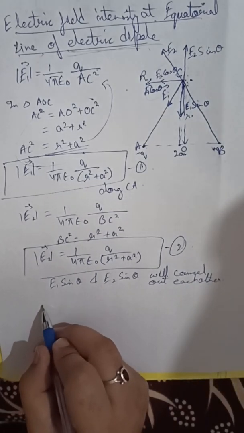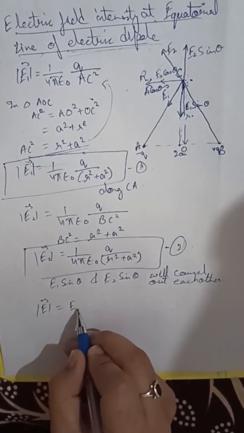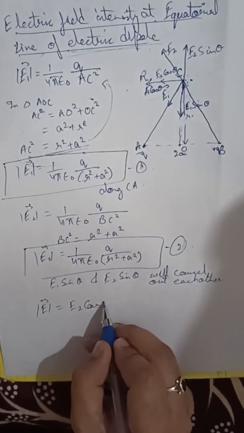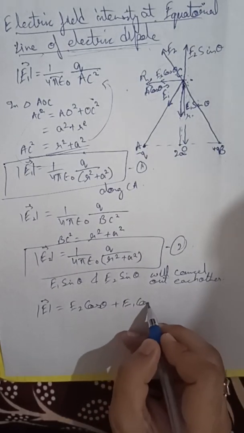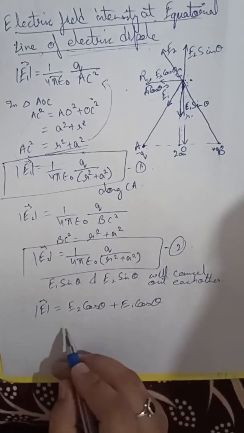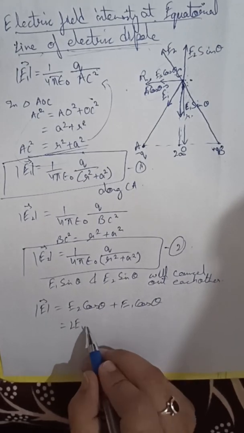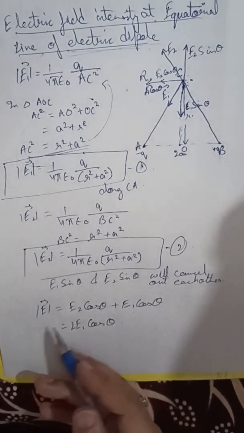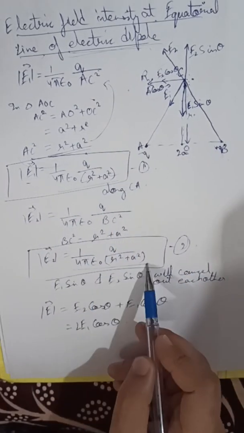Whereas the total electric field will be given as E2 cos theta plus E1 cos theta. As both are equal, we can write 2 E1 cos theta, because E1 is exactly the same as E2.